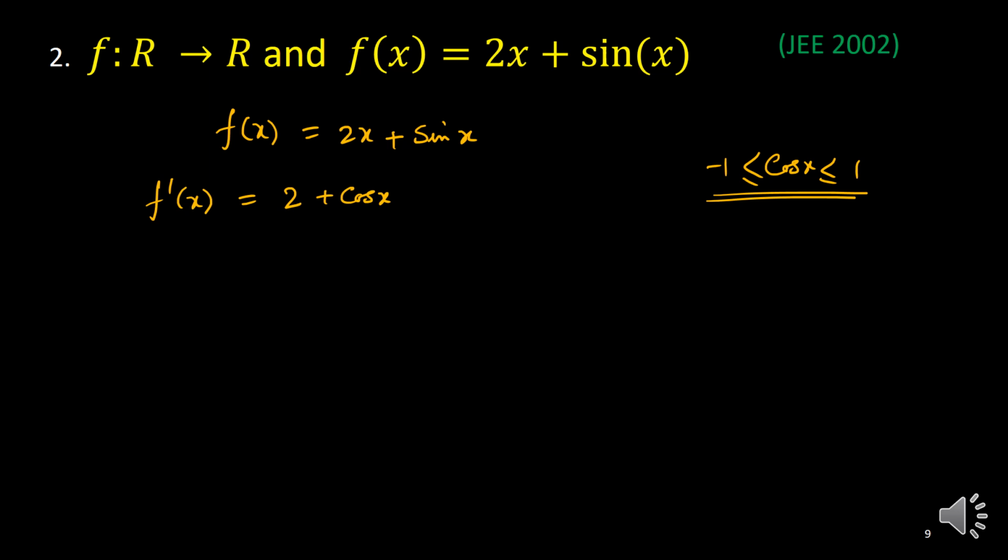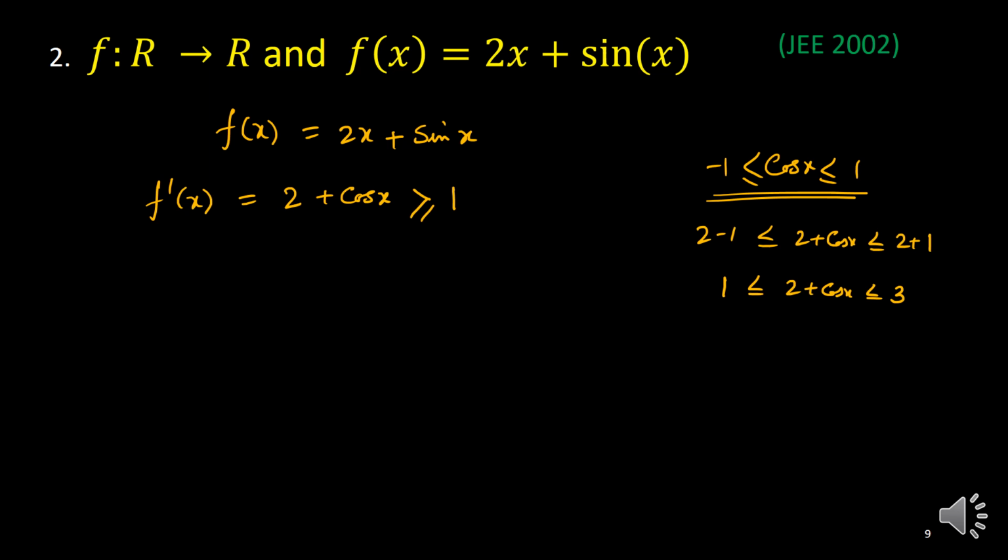Thus, if I add 2 on both sides, it is 2 minus 1 on this side, which is 1, and 2 plus 1 on the other side, which is 3. This is your 2 plus cos x. In other words, it is always greater than or equal to 1.